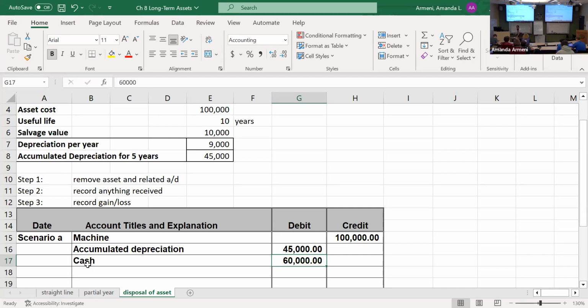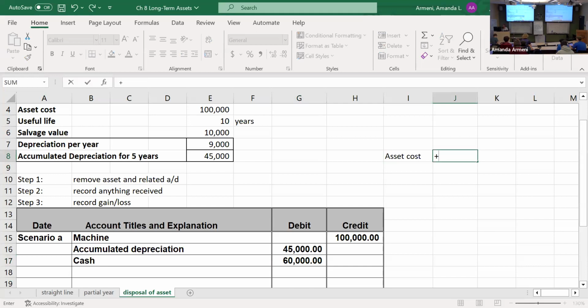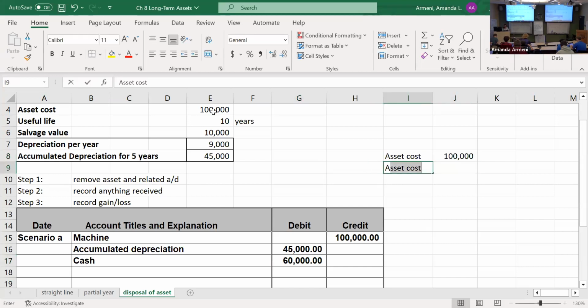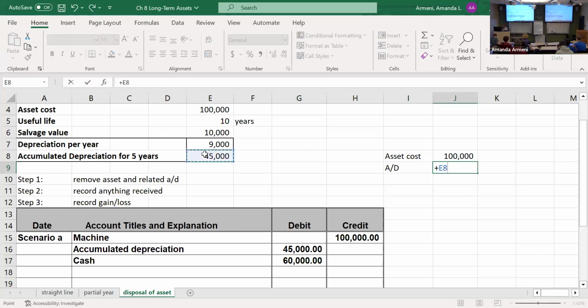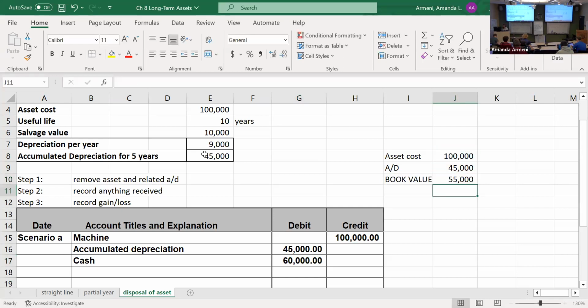Okay, and I'll do that in Excel here. In order to calculate book value, you take asset cost of 100,000. You subtract your accumulated depreciation of 45,000, and that gives you book value. 100 minus 45.